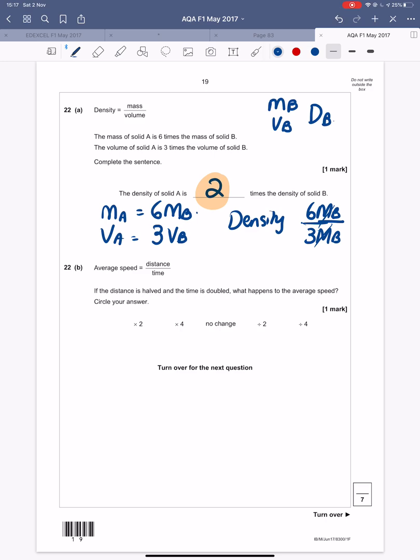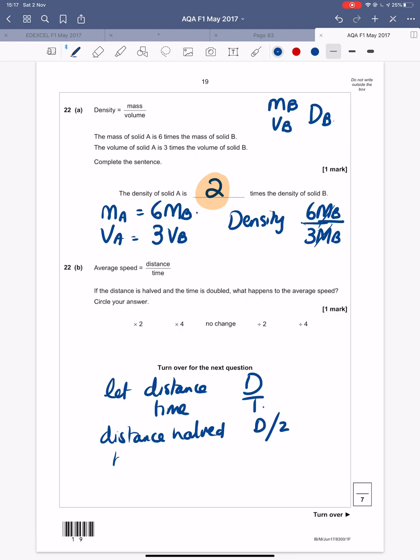Okay, so next one. Average speed is distance over time. So let's suppose we let the distance that we've got be capital D, and the time that we've got be capital T. Distance halved is going to be D over 2.